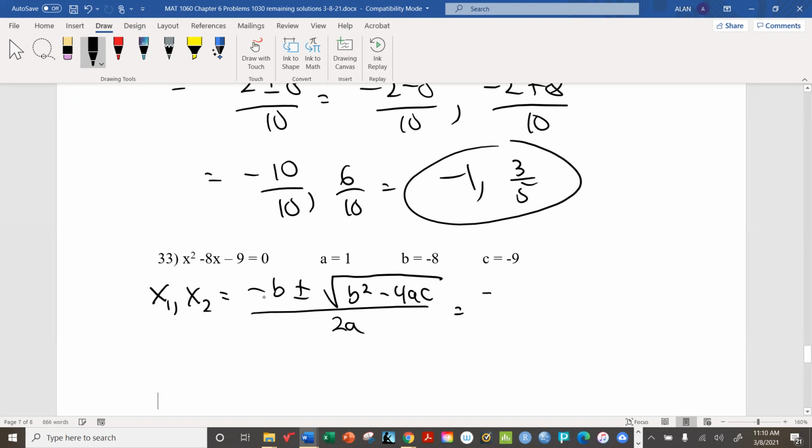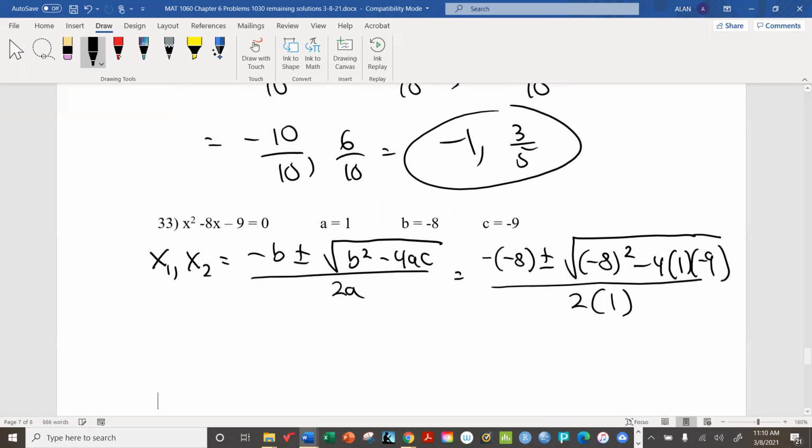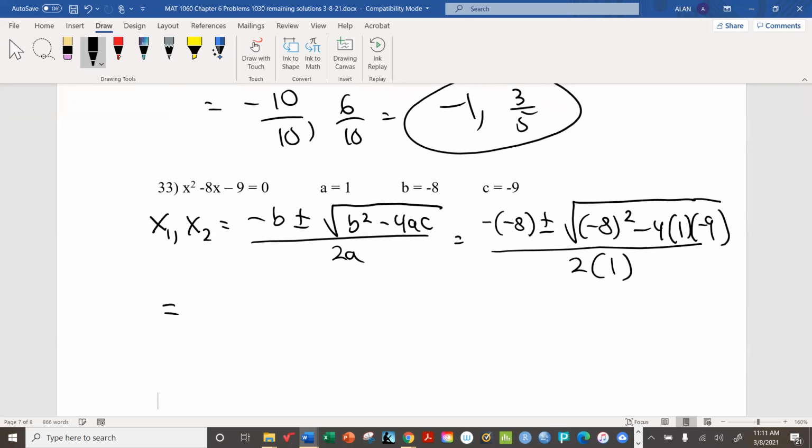All right, -8, -8 squared, -4, 1, -9, 2 times 1. 8 plus and minus 64 plus 36.